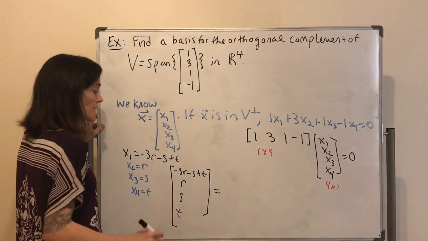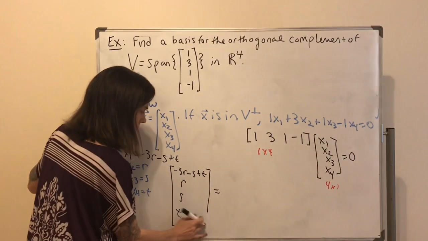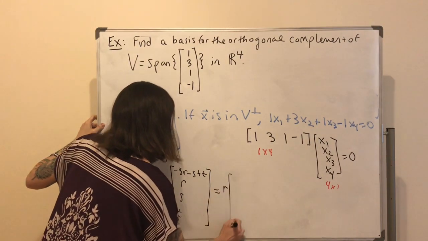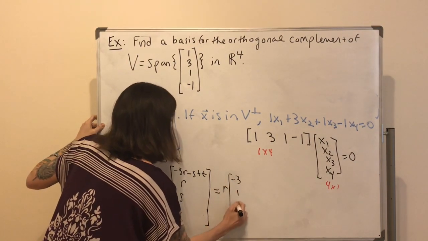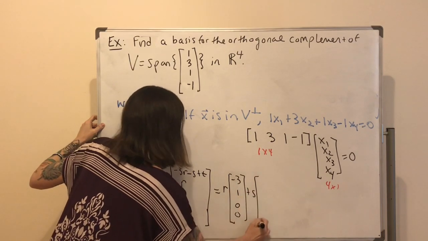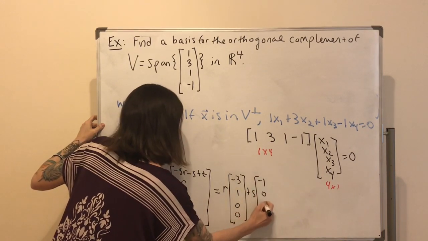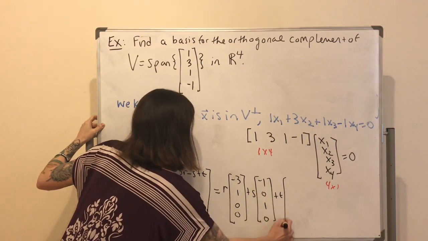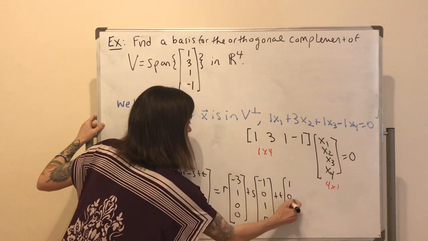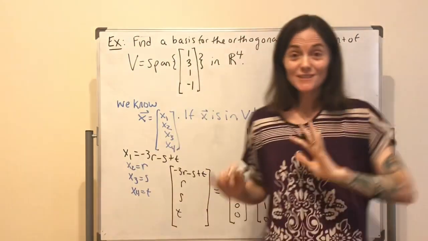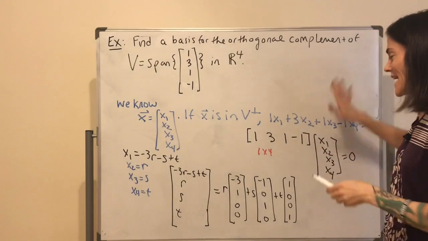And then to find the basis, I can just break this as r times minus 3, 1, 0, 0 plus s times minus 1, 0, 1, 0, and then plus t times 1, 0, 0, 1. I do still have room on the board, so I can put it right here.